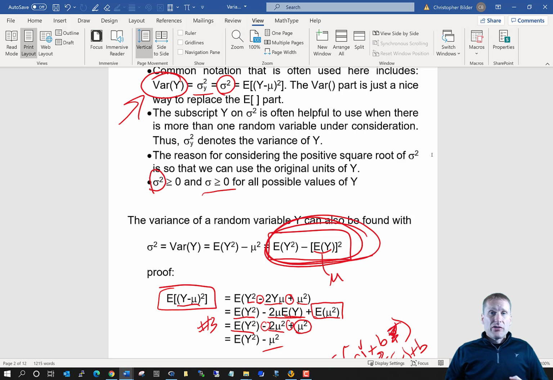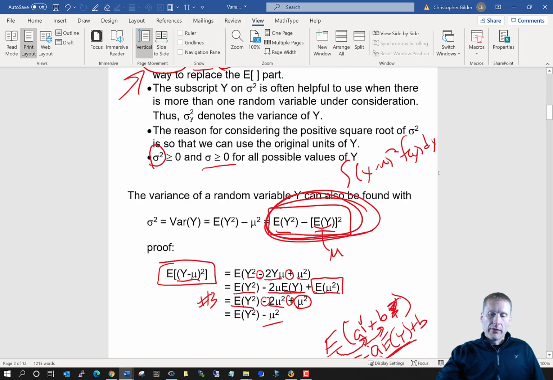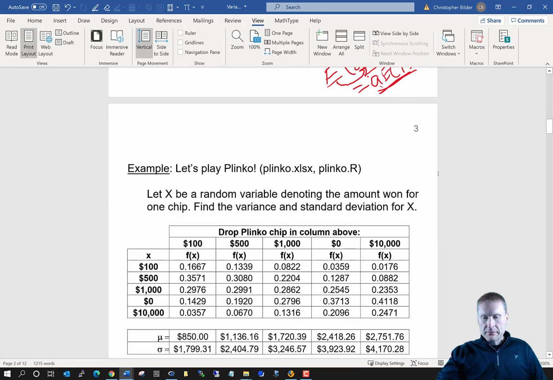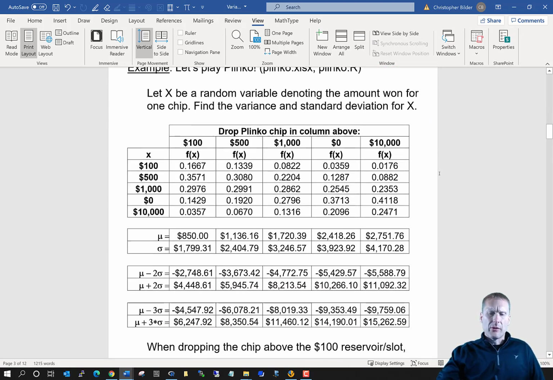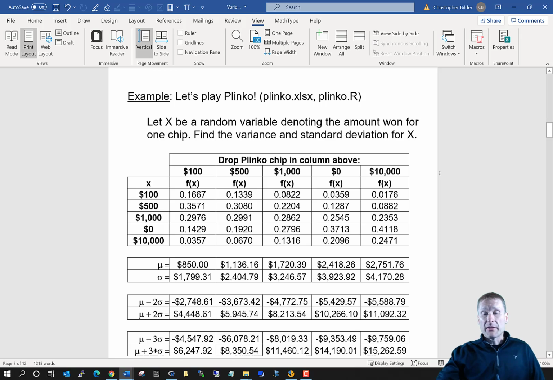Also, doing the integral of (y minus mu) squared times f of y dy is a little more complicated than it needs to be. If you can simplify it into two different steps, it can greatly simplify your life. Perhaps that's a longer explanation than what was needed, but hopefully that's clear. If not, please let me know.